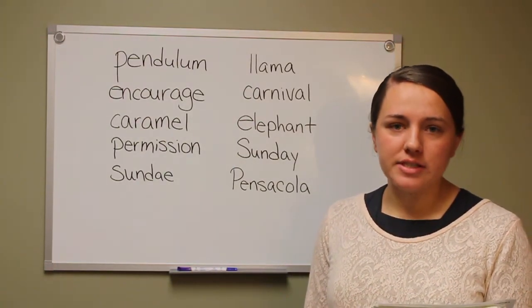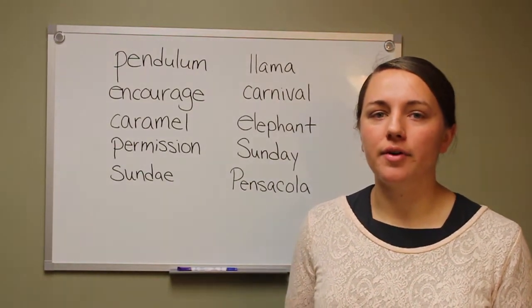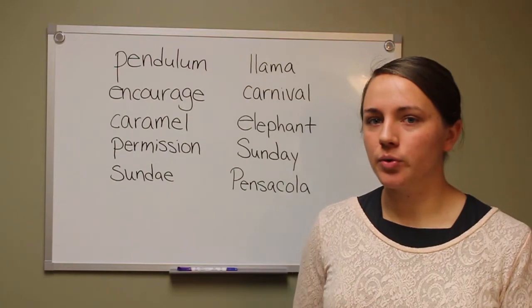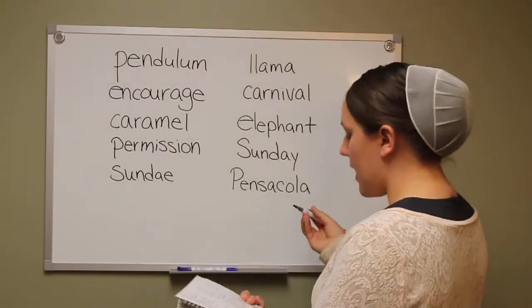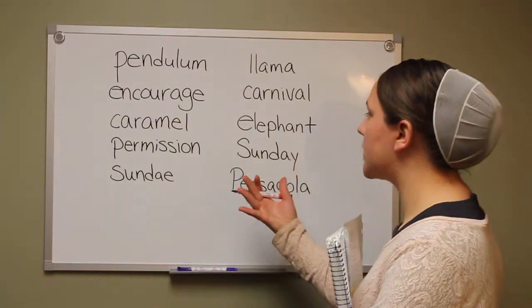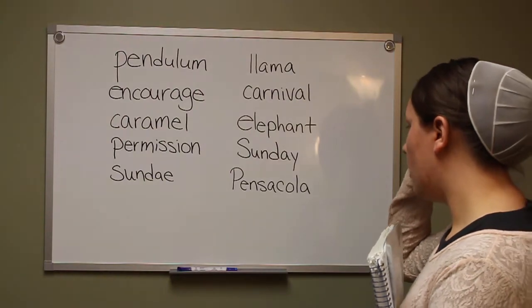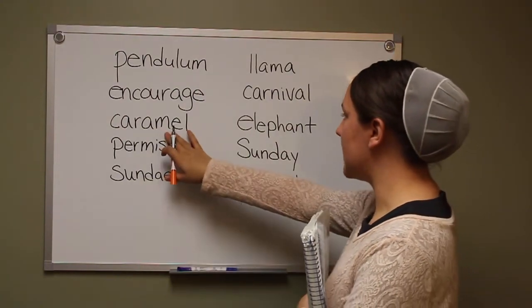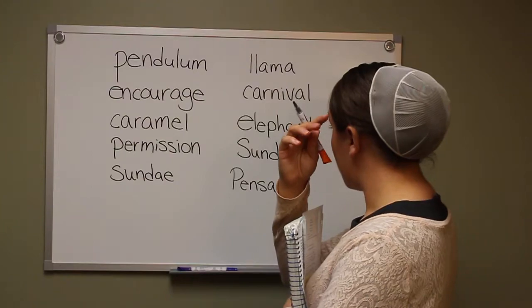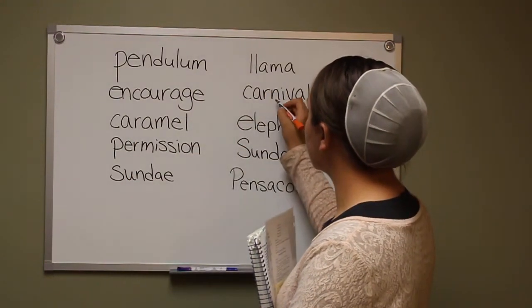After you have them written down, you can go ahead and number them in alphabetical order. So you're just going to look at the words on your paper and find which one would come first in alphabetical order. In this case, it would be one of the words that start with C. They both start with C-A-R, so you have to look at the fourth letter.